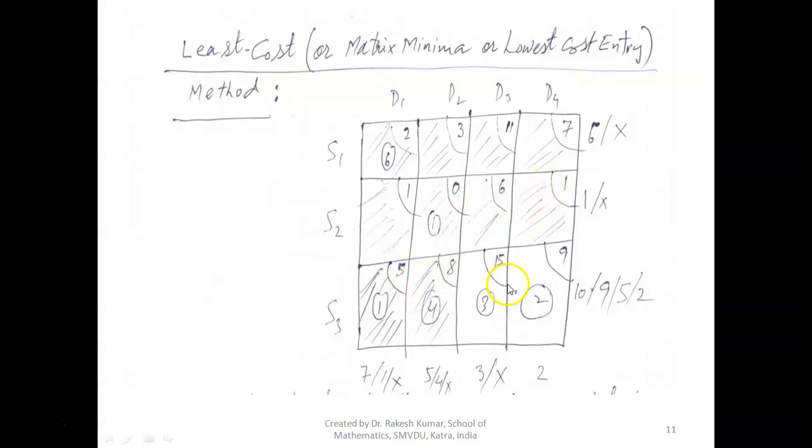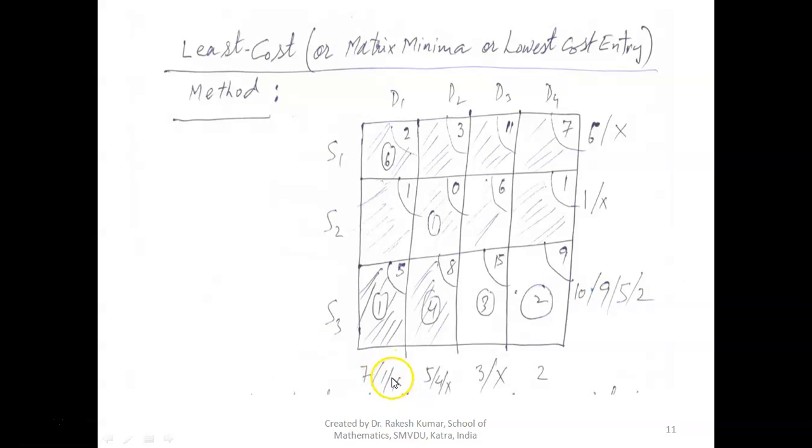Going to the third row, what is the minimum cost? It's 5. So allocate as much as you can to it. Here 1 is demanded and 10 is available, the minimum of 1 and 10 is 1. So 1 unit is transported here at the rate of 5.